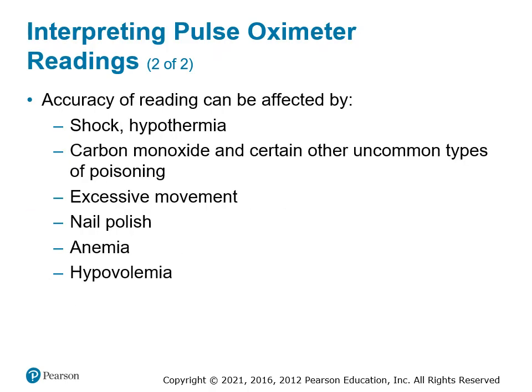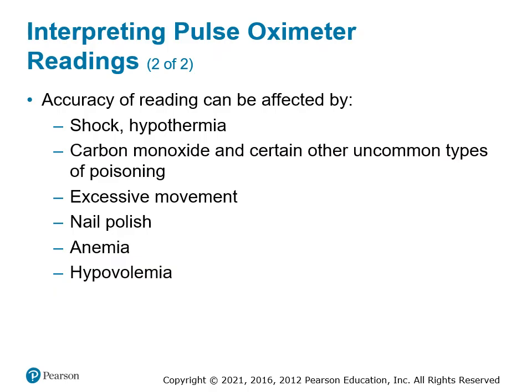Accuracy of the pulse oximeter can be affected by a lot of things, so always take into account the entire condition of the patient and not just one reading. Shock, hypothermia: if their fingertips are cold, you're not going to get a very good reading. If they don't have good circulation through their finger, you're not going to get a reading.